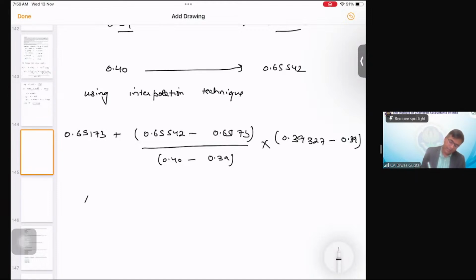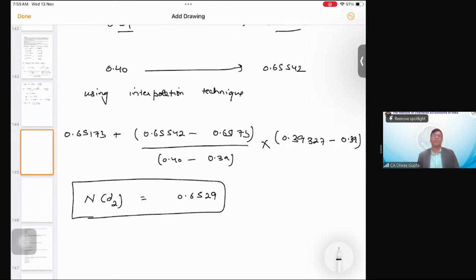Hence, N(d2) becomes 0.6529. This is the N(d2), students.